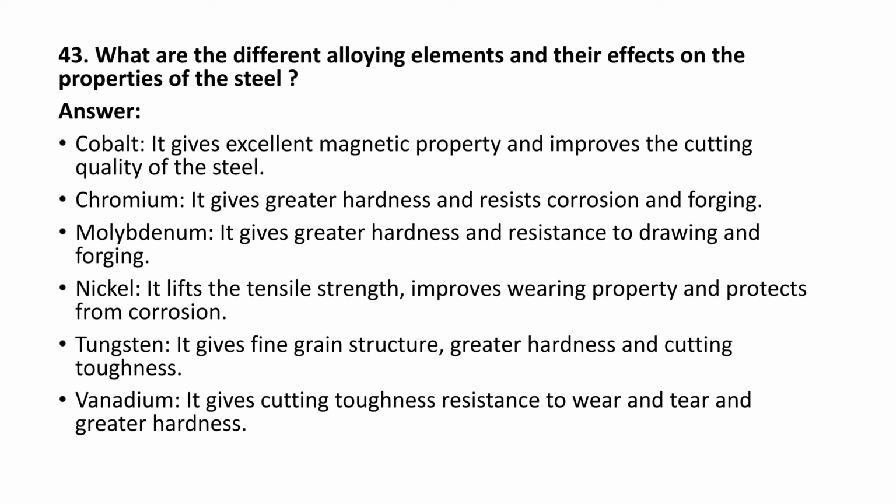Molybdenum provides hardness and resistance to drawing and forging. Nickel lifts the tensile strength and improves the wearing properties. Tungsten gives fine grain structure, greater hardness and cutting toughness. Vanadium gives cutting toughness to withstand wear and tear.